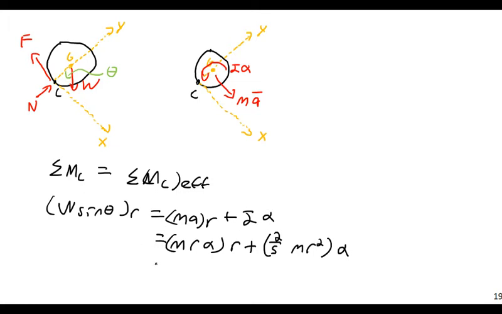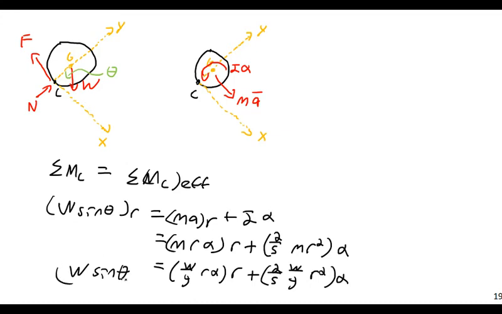Also, mass is just W over G. W over G times R alpha times R, plus 2/5 W over G R squared alpha. And this is equal then to W sine theta times R.